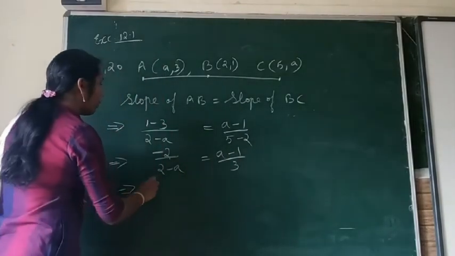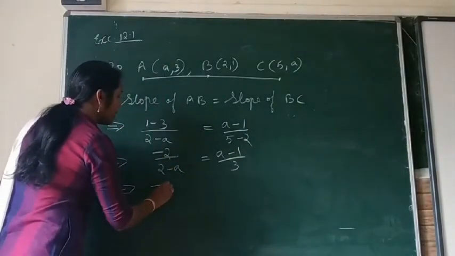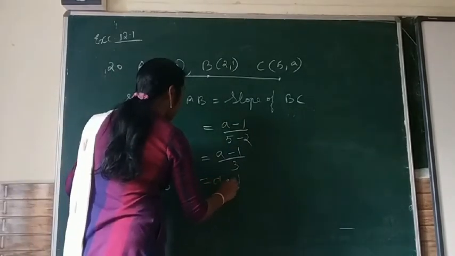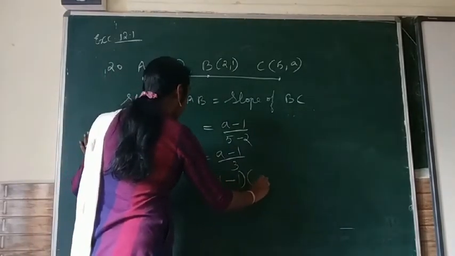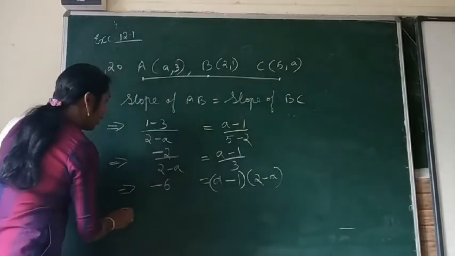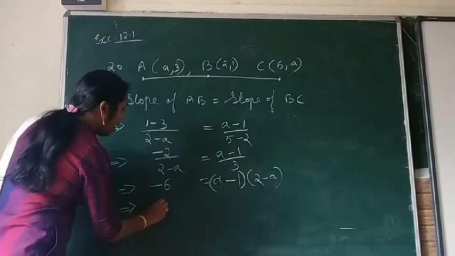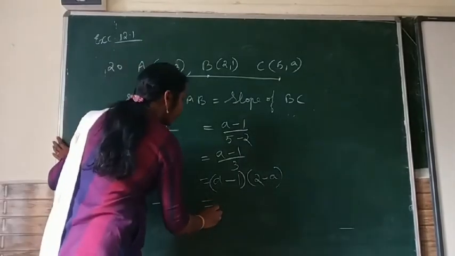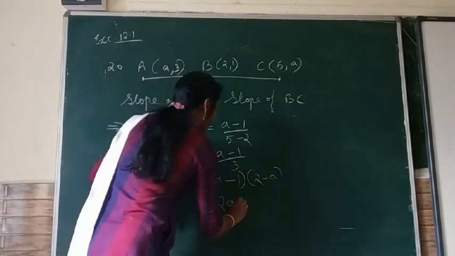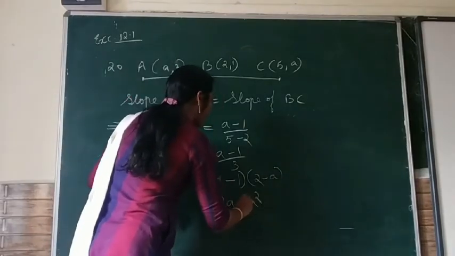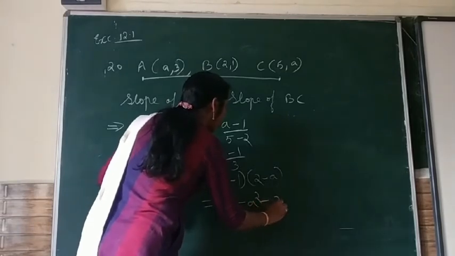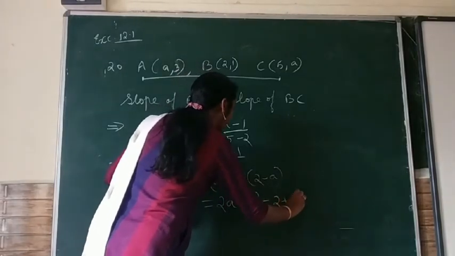Doing cross multiplication, minus 6 is equal to a minus 1 into 2 minus a. Simplifying, minus 6 is equal to 2a minus a square minus 2 plus a.